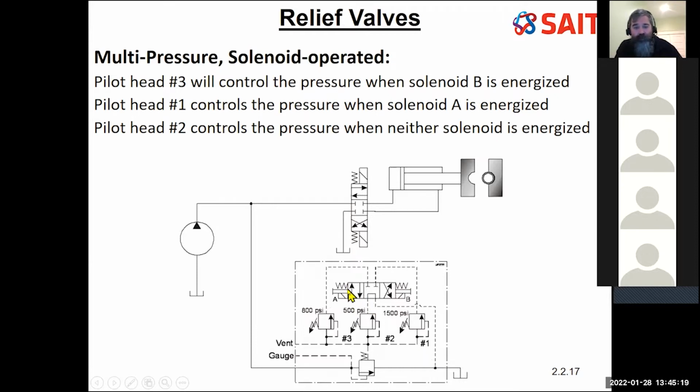Nope, it won't. If A is energized, 1 will actually activate, because it's going to come down through this arrow and allow the pressure of 1500 psi to be set. So this is more typically what we'll have as preset levels. It's a cheaper solenoid, with preset levels, and electronically it will activate A or B or neither and get the maximum pressure in our system.